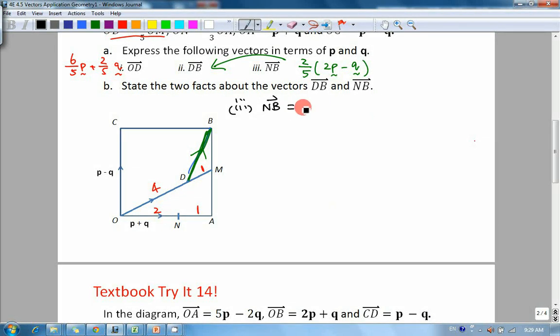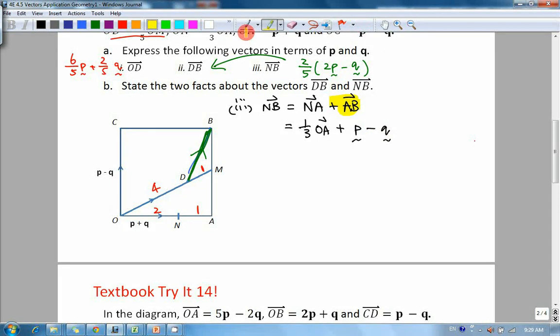Actually what I did is I choose NA plus AB. Really there are many ways you can do, just your own preference or whichever comes to your mind first, it doesn't matter. Okay, so NA is actually, just now we wrote down the ratio, 1 out of 3, 1/3 of OA.